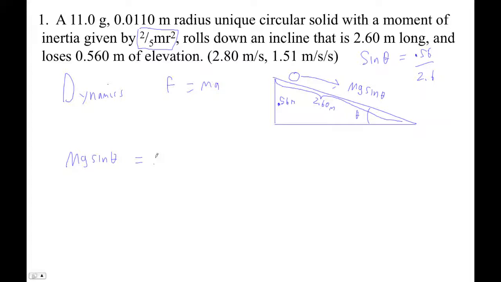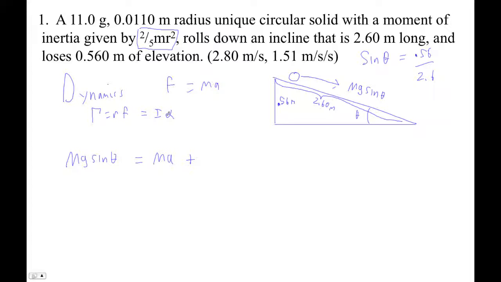And then that has to cause a linear acceleration of the marble, and it also has to cause a rotational acceleration of the marble. So remember that torque is Rf. Torque is also equal to I alpha.